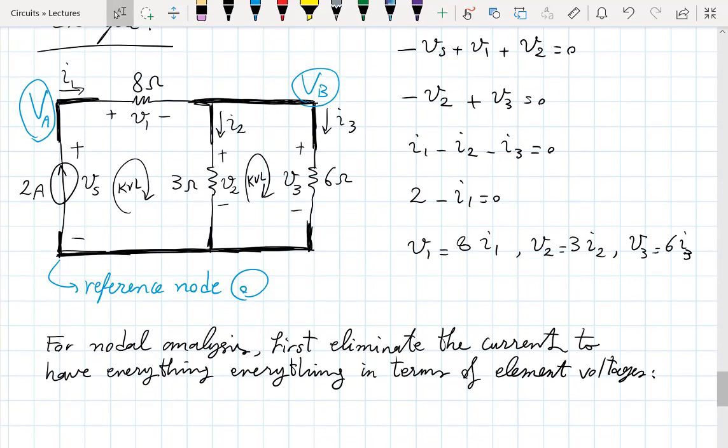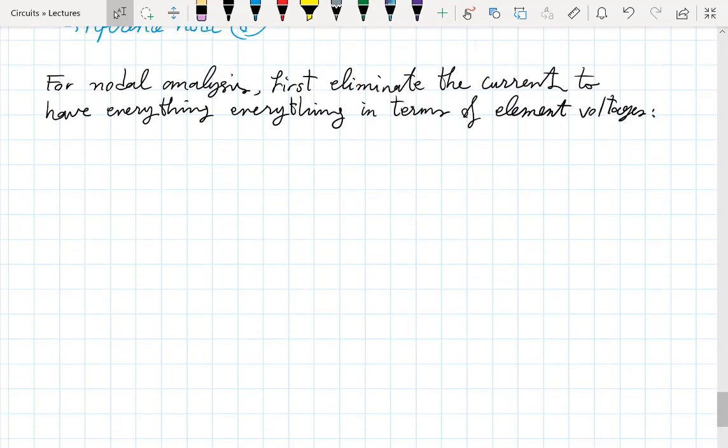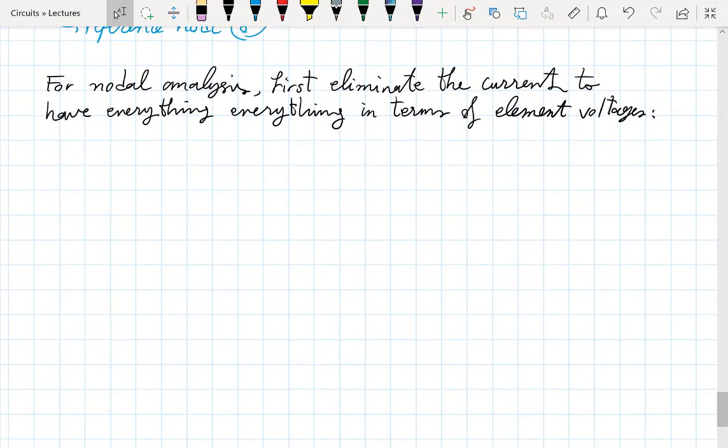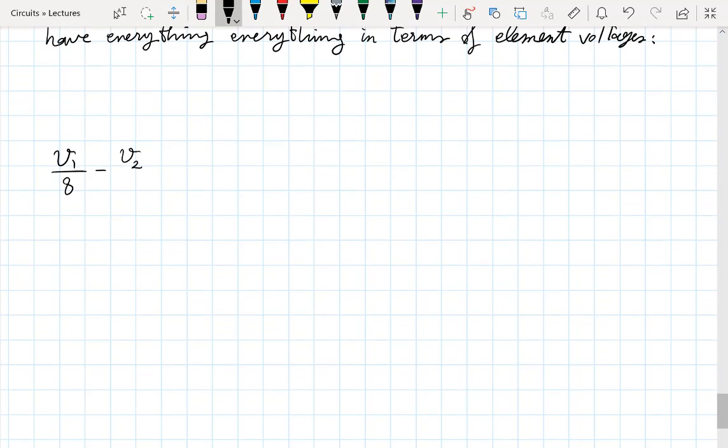So I'll just replace these things. So I have the KCLs, and I'll put the Ohm's law relationships into those. So the first KCL becomes V1 over 8 minus V2 over 3 minus V3 over 6 equals 0. That was V2 over 3.